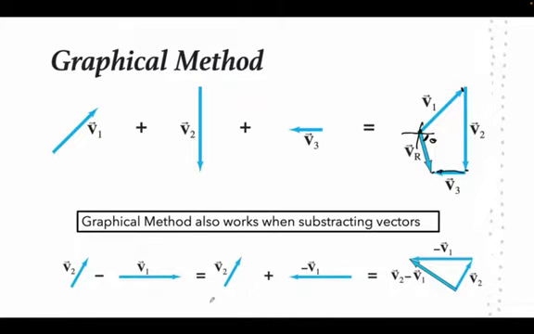If I wanted to do negative v2, it would look like this, right? This would be negative v2, just in case I wanted to subtract v2 as well. Okay, so adding and subtracting vectors is very similar. All right, so that's the graphical method.